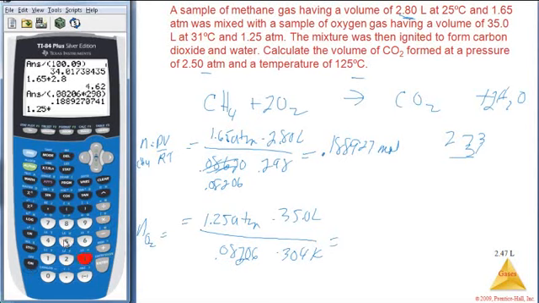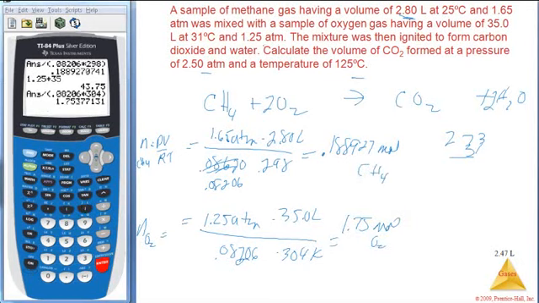Times 35 equals, divide by 0.08206 times 304, close my parentheses, and I get, quite a bit more moles, 1.75 moles. This is O2 and this is methane.